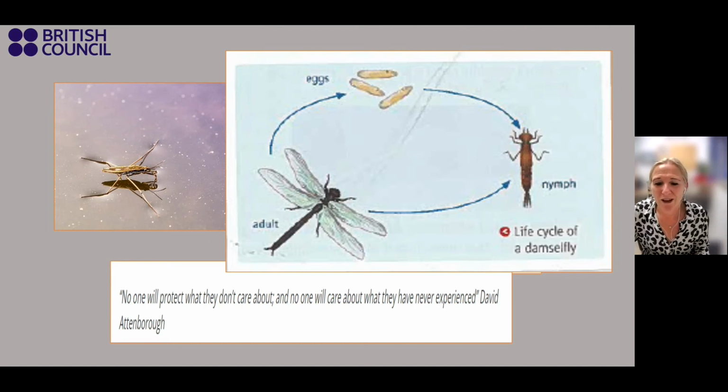So one way of working with a text where we have some information, for example, in the textbook, and then, as David Attenborough said, if they experience it, it'll come to mean something. So he was talking about protecting wildlife, and I'm talking about learning about wildlife.